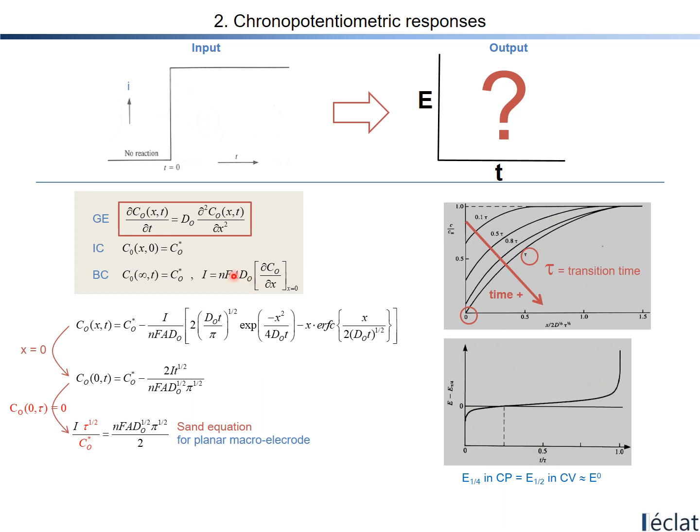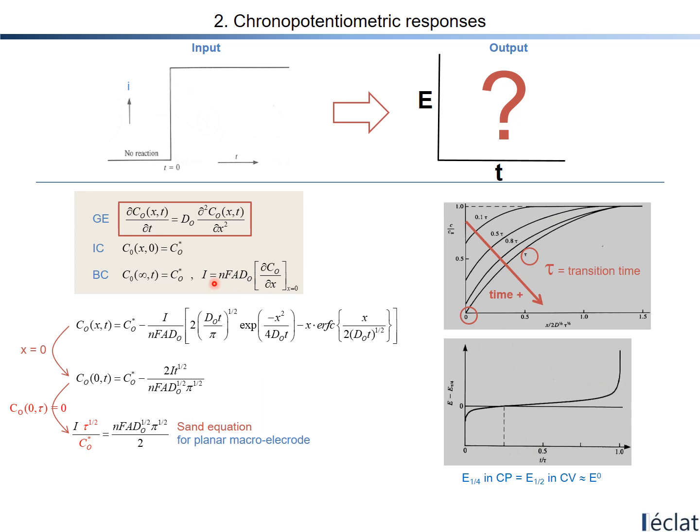However, in this chronopotentiometric experiment, we have controlled the current. So the fixed current indicates the fixed concentration gradient at the surface. We didn't fix the surface concentration. We have fixed the surface concentration gradient instead of just concentration.